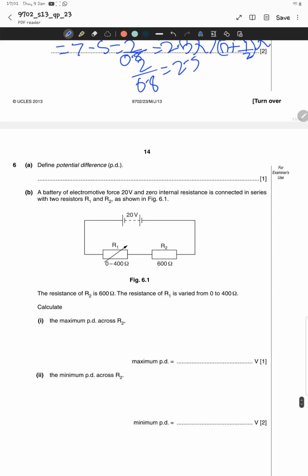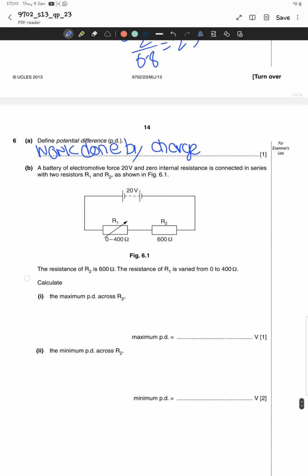Define the potential difference, okay? Potential difference is the work done on charge, sorry, it's work done by charge to convert electric energy to other forms.